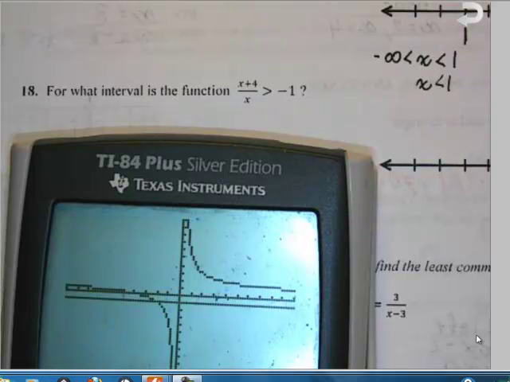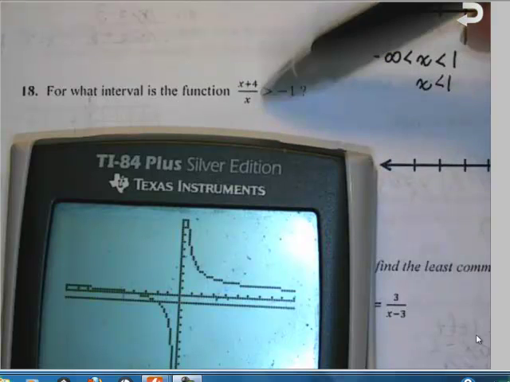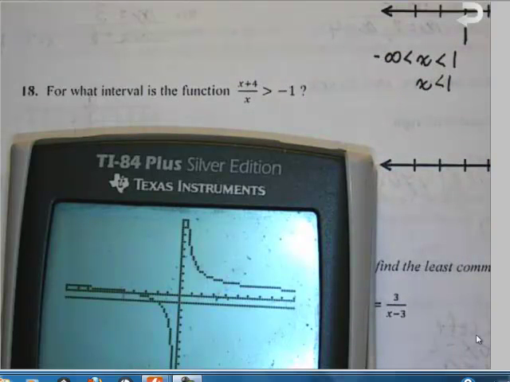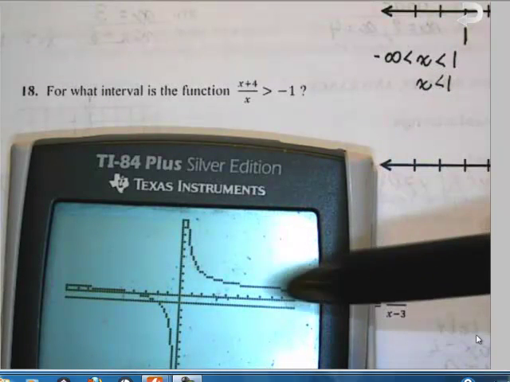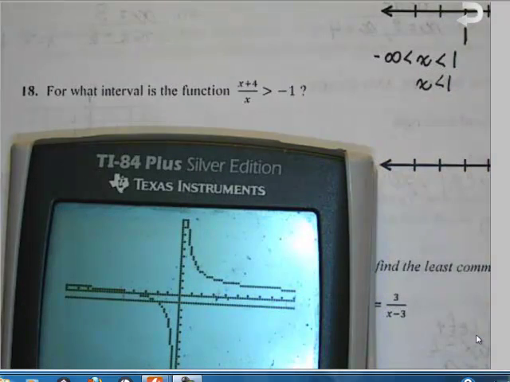This you have to read carefully because you are asking yourself where the rational function is greater, which means we are only concerning ourselves with the parts of the graph that are above the horizontal line. And so, once again, we need to find the asymptote and we need to find the point of intersection. To do that, once again, we go to the table.